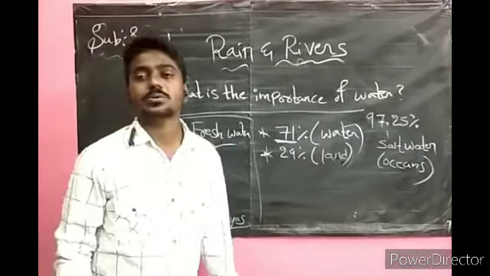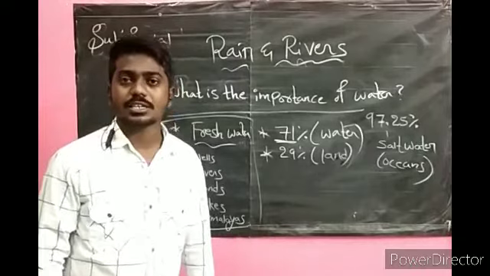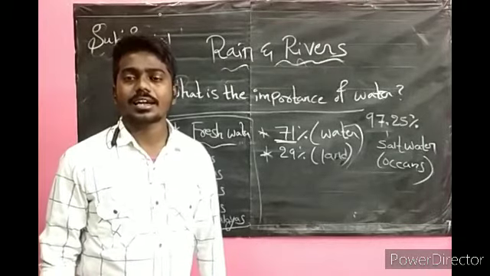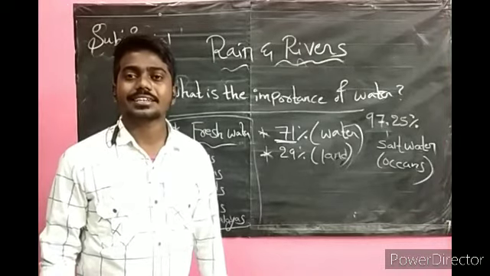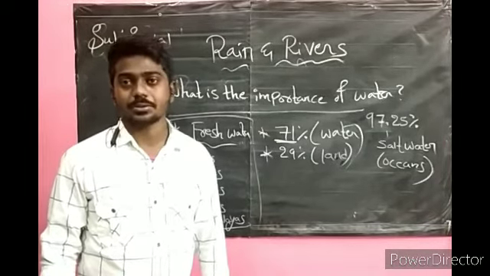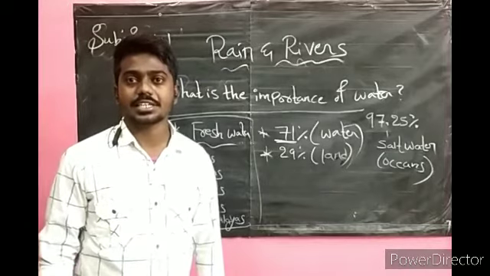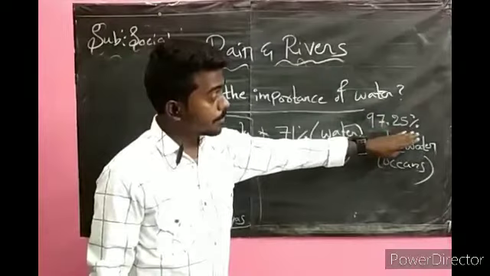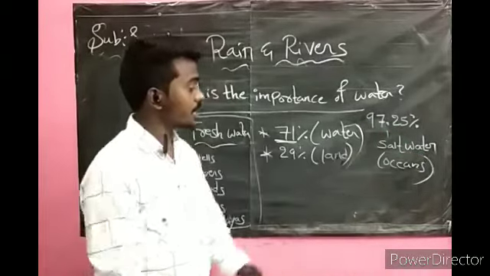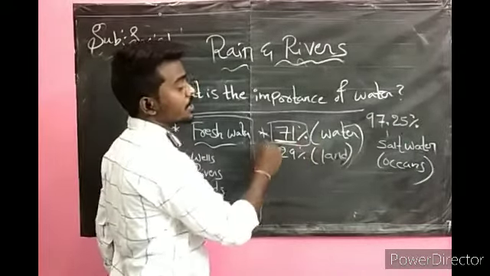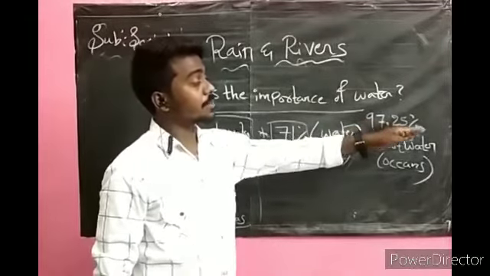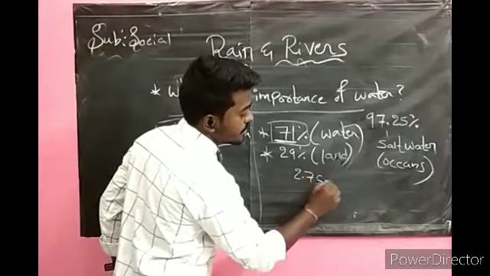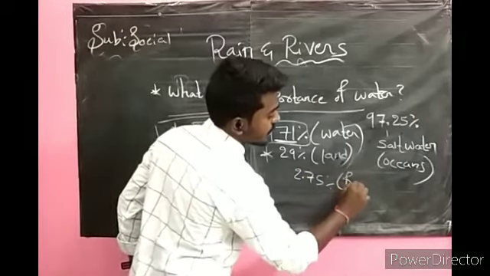You know already, we have 5 oceans: Pacific Ocean, Indian Ocean, Atlantic Ocean, Arctic Ocean, Antarctic Ocean. We studied this in the 6th class, second lesson. We have 97.25% salt water only. Out of 71%, 97% is salt water only. Only 2.75% is fresh water.